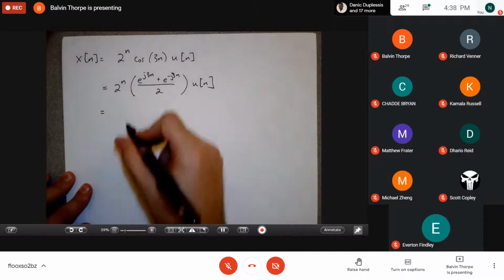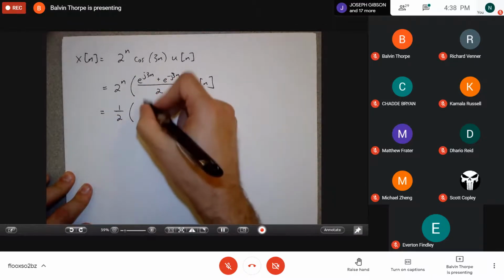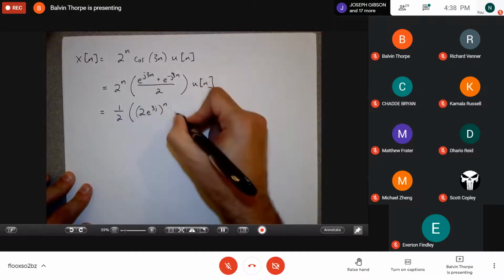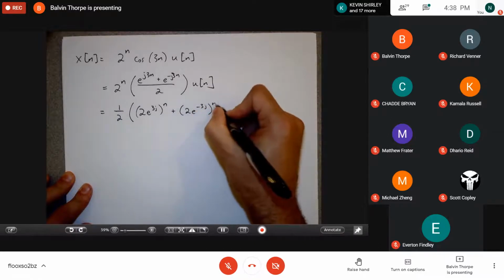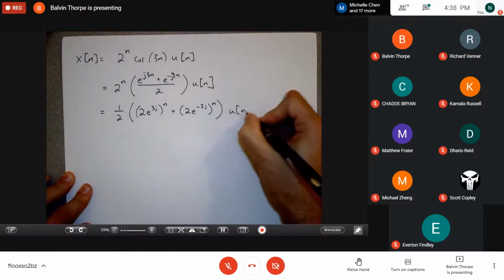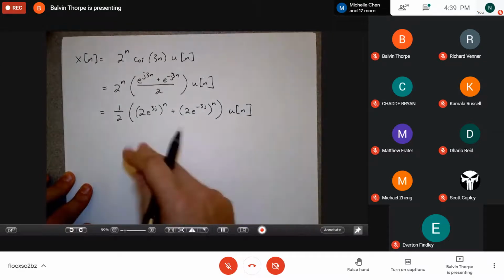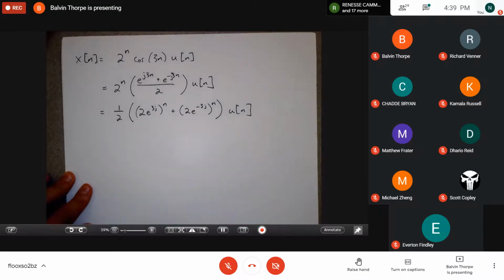And so I can immediately say this is like 1/2 times 2 e to the 3j to the n plus 2 e to the minus 3j to the n u of n. And now each of these terms is in the form of something to the n times a step function, which I already did in the previous problem, right?